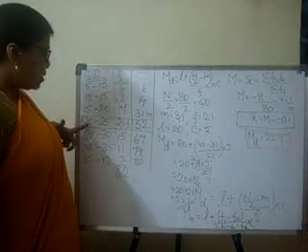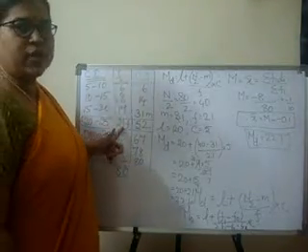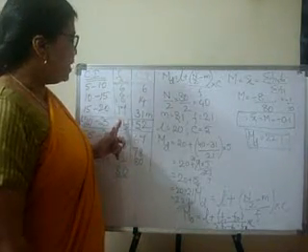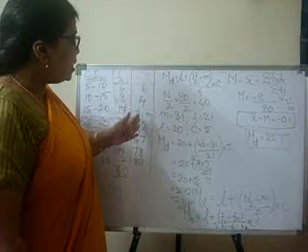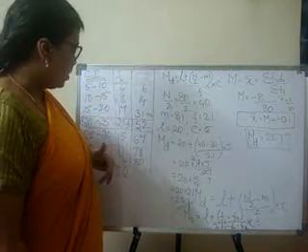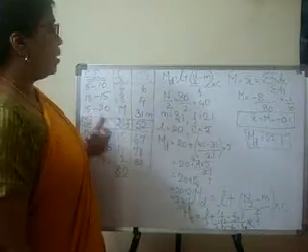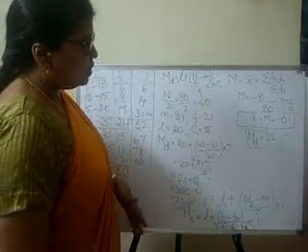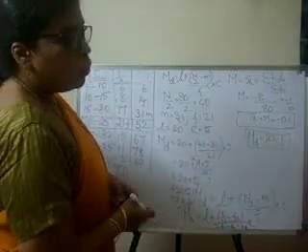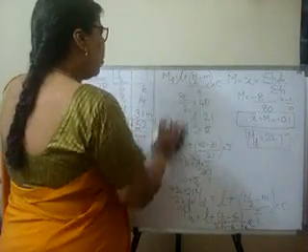This is the lower limit, this is the frequency for that median class, and above would be the cumulative frequency, and then your class interval. Substitute in the formula and you get the value 22.1. And the third one is mode.